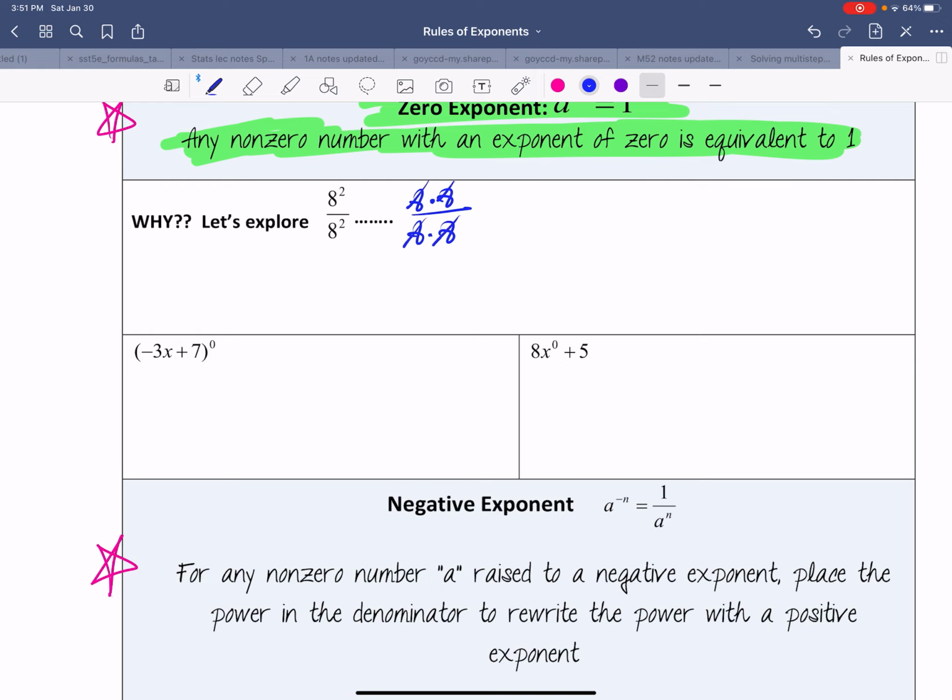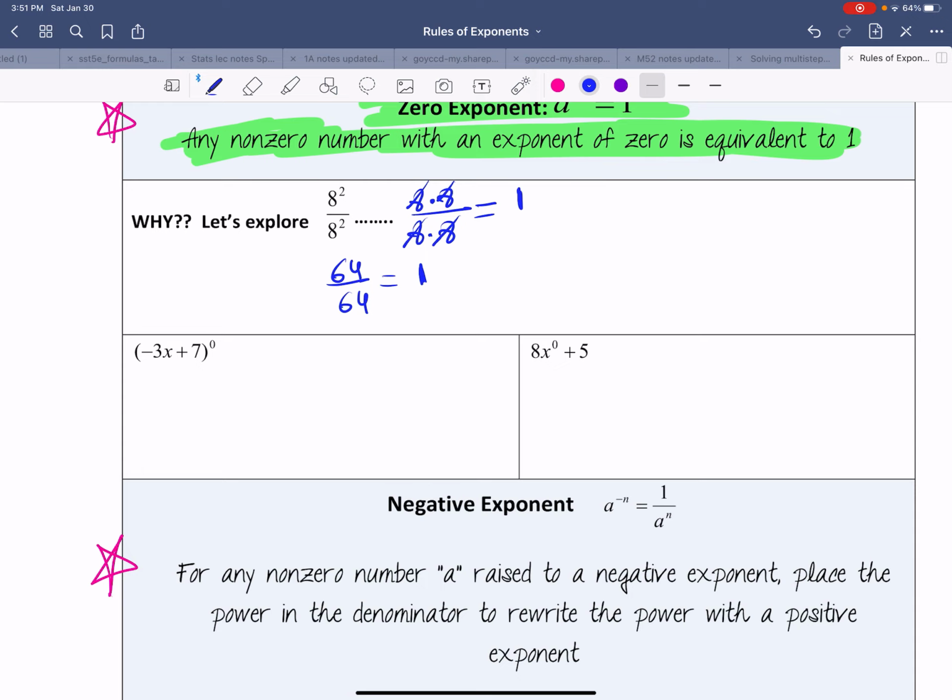So when we cancel and cancel, we're dividing the same thing by itself. This is going to equal 1. If you want to perform the exponential operation, 8 to the 2nd power is 64 divided by 64, which is also going to equal 1. So you can think of it either way.